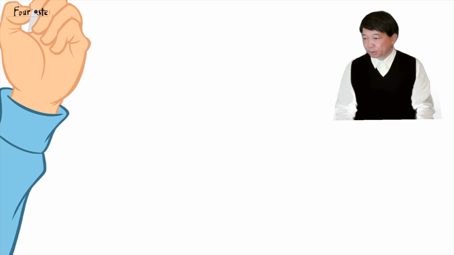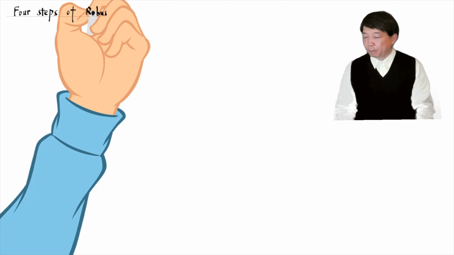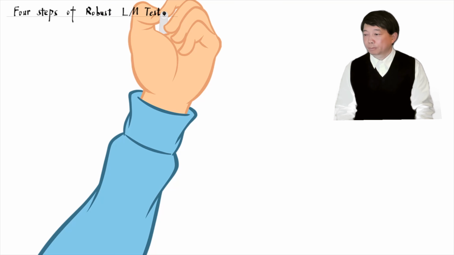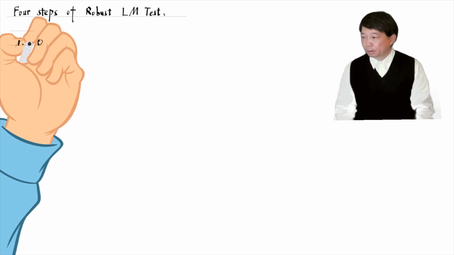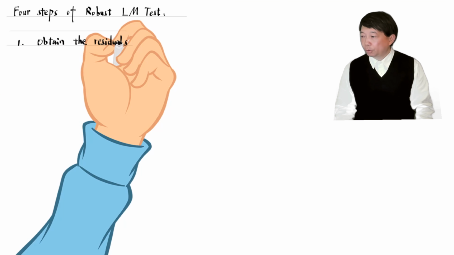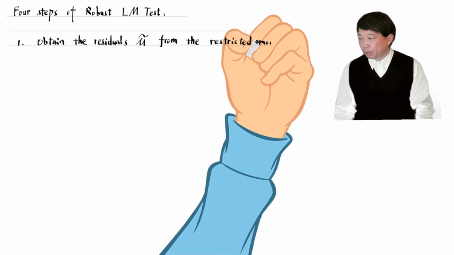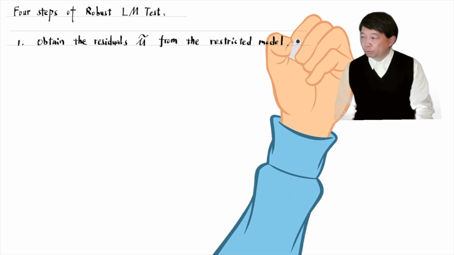There are 4 steps to perform the robust LM test. In the first step, we obtain the residuals, mu tilde, from the restricted model.